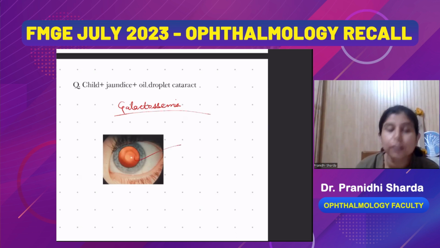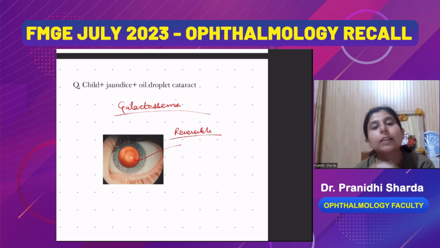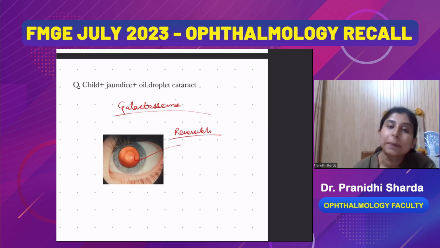And one thing we discuss about galactosemia, in initial stages, it is a type of reversible cataract. So oil droplet cataract comes in the category of reversible cataract. Otherwise, all other types are irreversible. So galactosemia, oil droplet cataract.